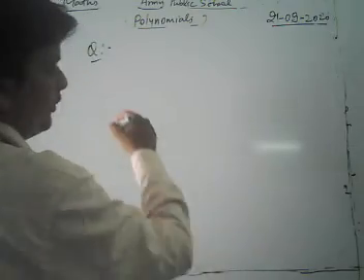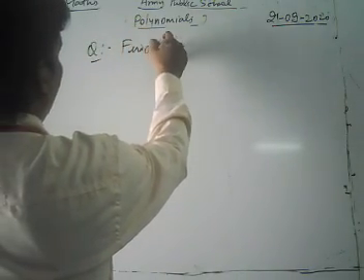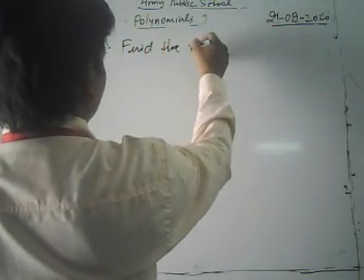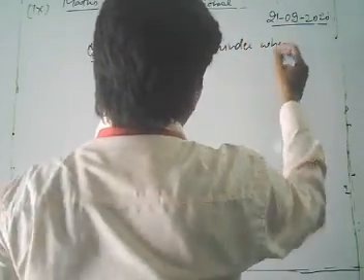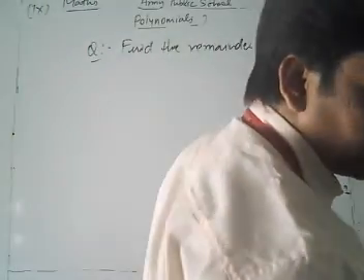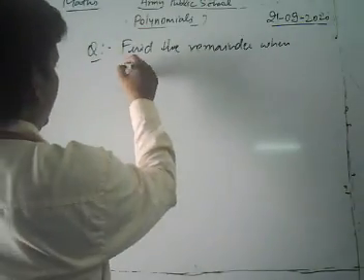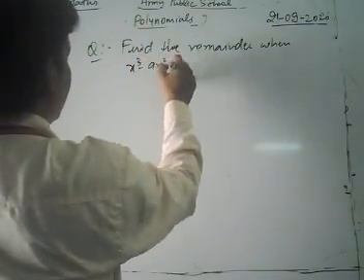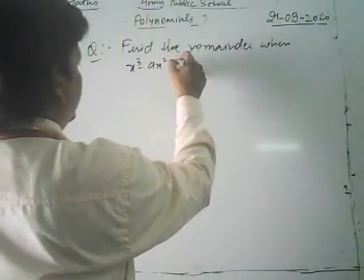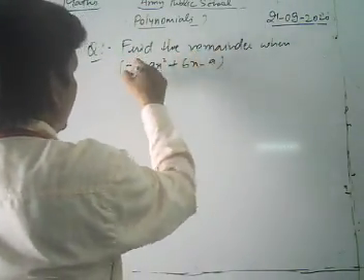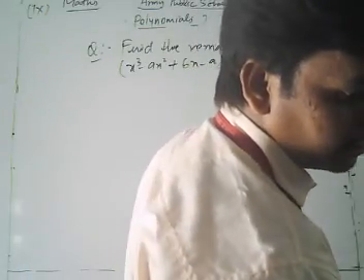Find the remainder when x cube minus a x square plus 6x minus a is divided by x minus a.